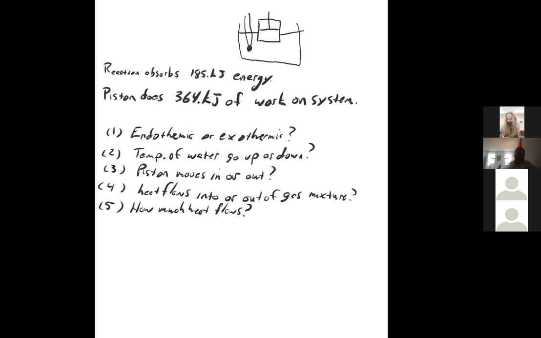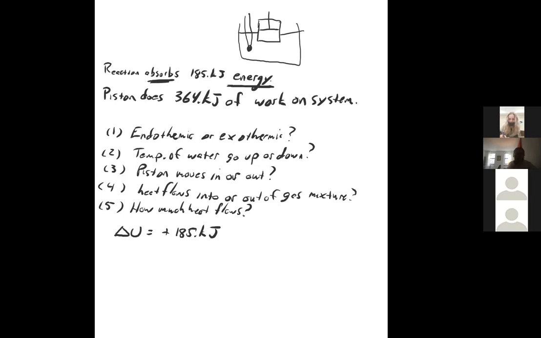So be very careful about this one. What they did is they did not say heat, they said energy. This is not heat. Energy is the delta U. So what they're telling you is delta U is absorbed, that means positive 185.